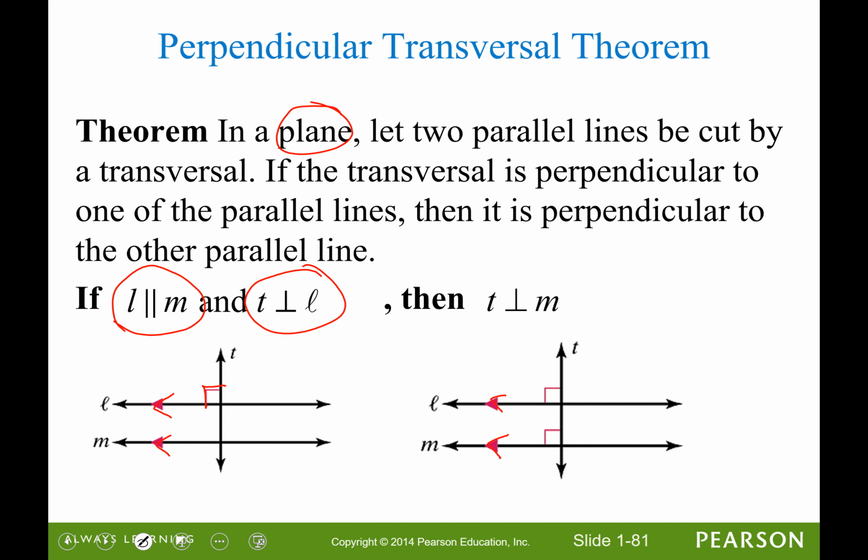Then we're allowed to say that the transversal is also perpendicular to the other line. Given these three markings, that allows us to add this fourth marking right there. Justification: perpendicular transversal theorem. All right.